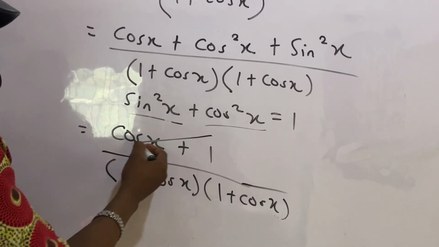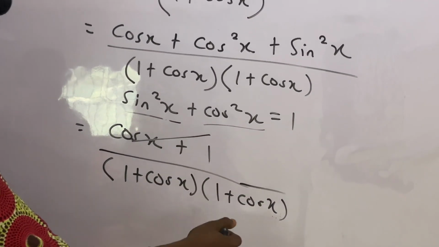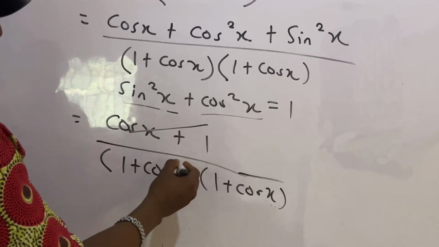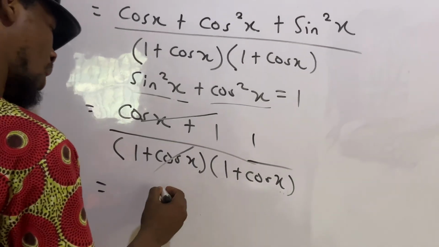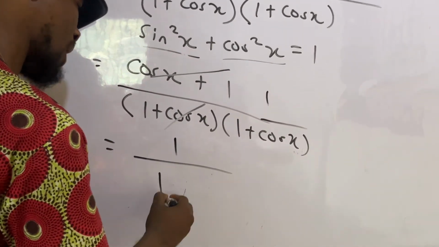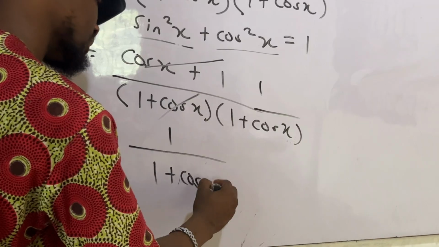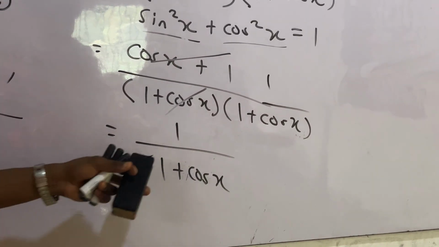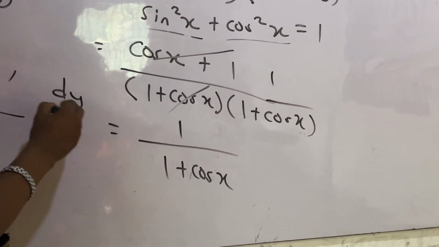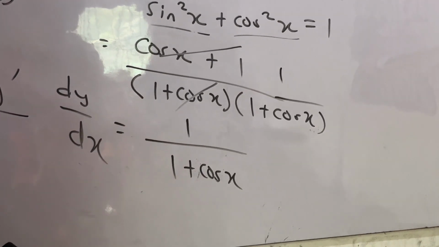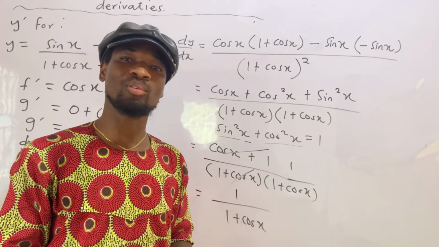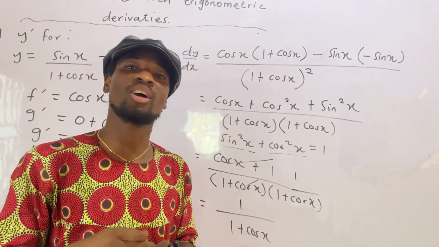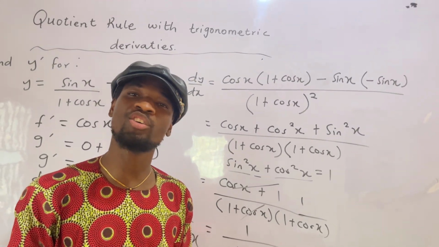This divides this one, so I have 1 over 1 plus cos x. Viewers, this is simply your dy over dx. Let's consider the second example to throw more light on the quotient rule with trigonometry.